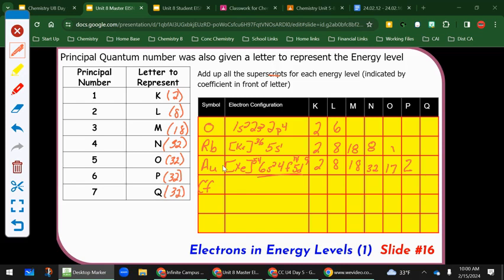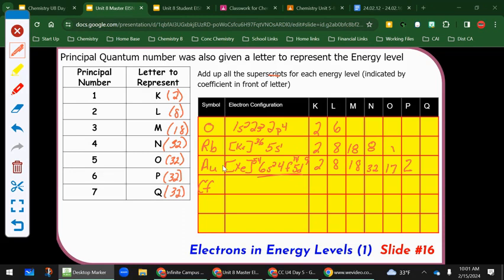For xenon, we put 2, 8, 18, 18, and 8. That's what we put for xenon, right? Look next to xenon on the periodic table. Do you see the numbers 2, 8, 18, 18, and 8? So for xenon, there are 2 in the first, 8 in the second, 18 in the third, 18 in the fourth, and 8 in the fifth. But when we go to this configuration, now we have to add 2 more to the sixth.